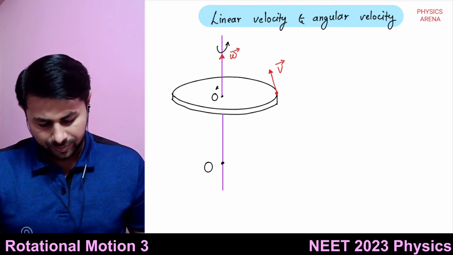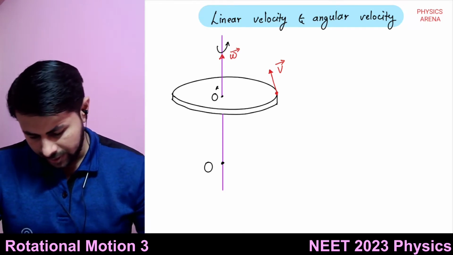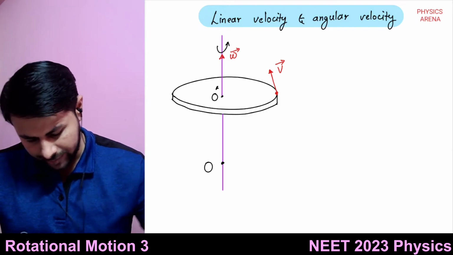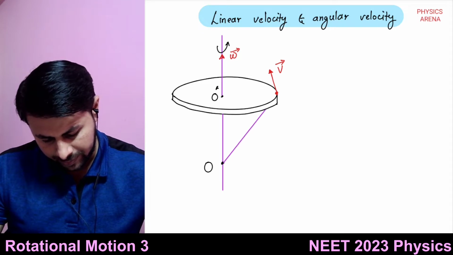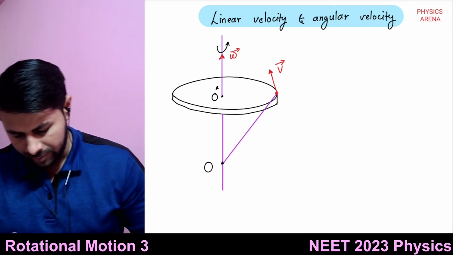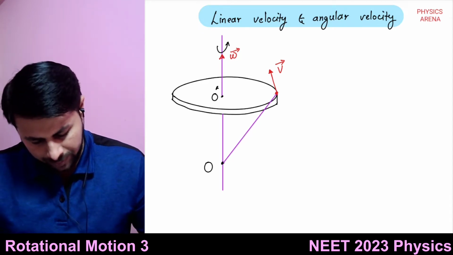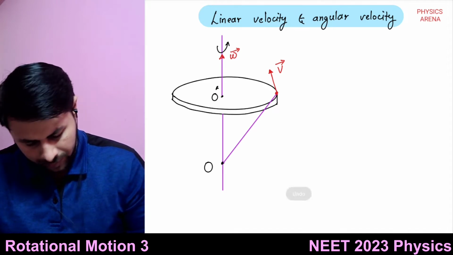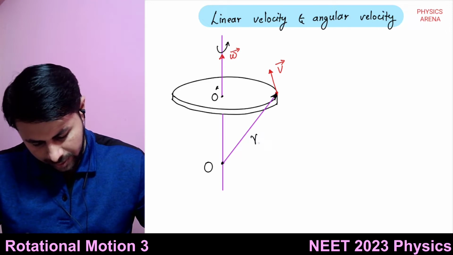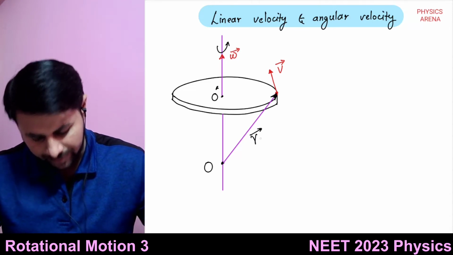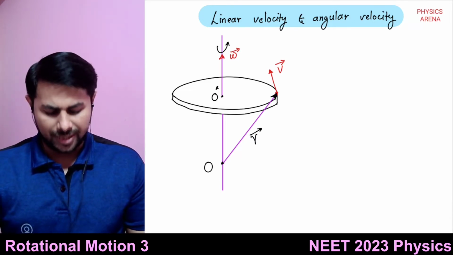So now let's suppose the position vector of this particle is given by this vector, let's call it r bar.